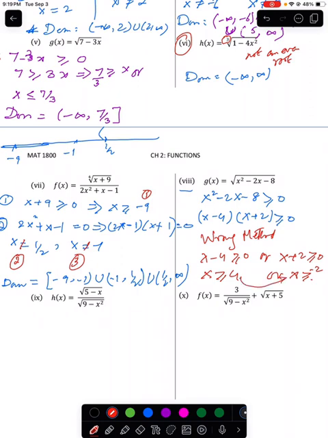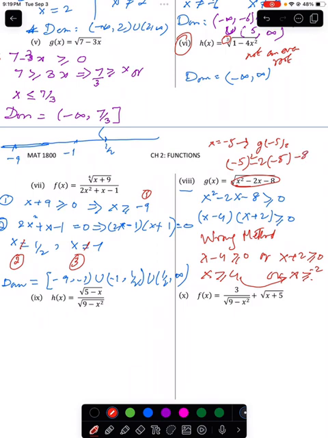But if you take x equal to negative 5 and plug it in this expression, you get g of negative 5 equal to negative 5 whole squared minus 2 times negative 5 minus 8.